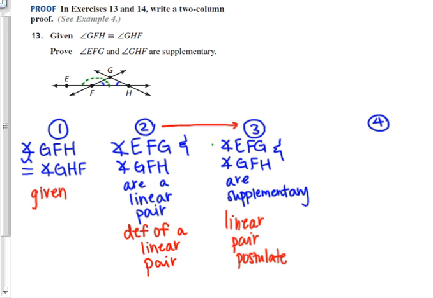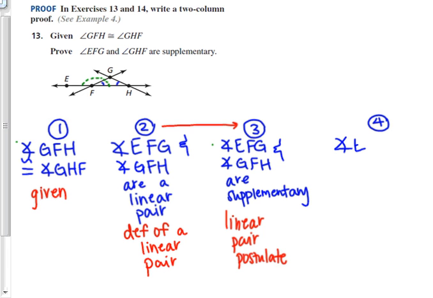Well, I know that GFH and GHF are actually congruent. I know that over there too. So the angle in common there is GFH. That's the same angle both times. So if GFH is the same as GHF, I can replace it in my step 3 in that statement. So basically I can say that EFG and GHF are supplementary also. That's what I'm going to say for step 4. That's what it wanted me to say.